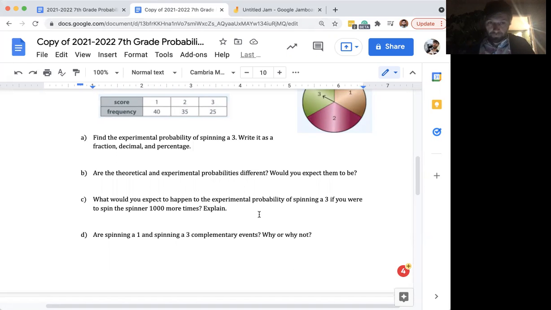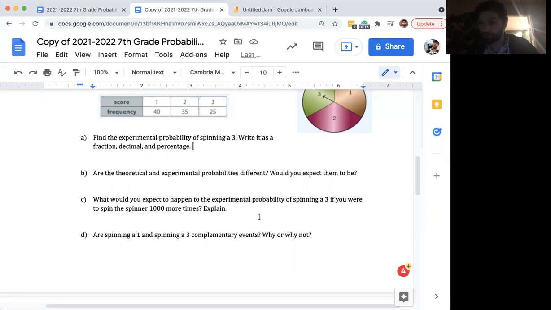We did the assignment where we did our coin flips and we recorded what happened, and we discussed what happens to an experimental probability the more times you do the experiment, spinning the spinner, flipping the coin, etc. We expect over time that the more times you do an experiment, the closer the experimental probability will get to the theoretical probability.